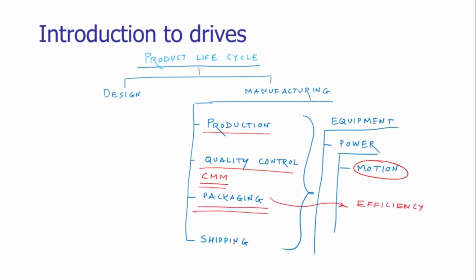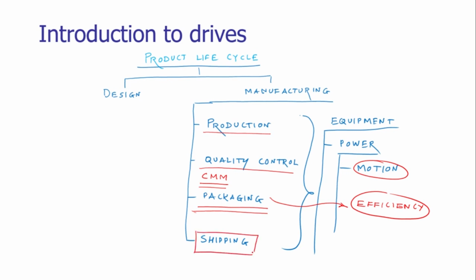After confirming the quality of the products, we need a packaging operation. In packaging, the major concern is to have an efficient operation. The packaging should be very fast, rapid, and economical.